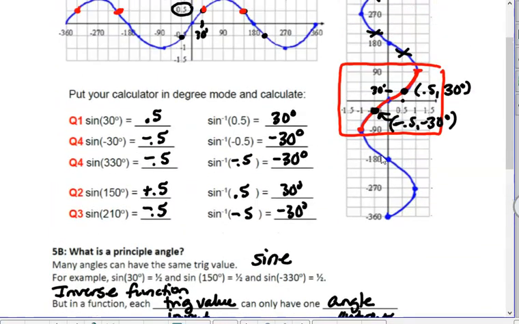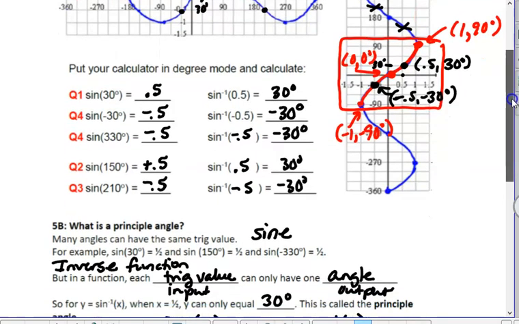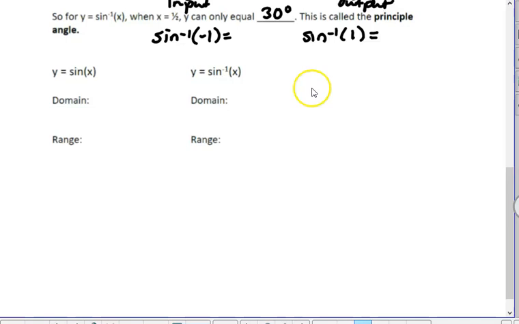So here we have the point 1, 90. Here we have the point -1, -90. And here in the middle we have the point 0, 0. And so that clearly is the section of the graph that gives us our principal angles for inverse sine.